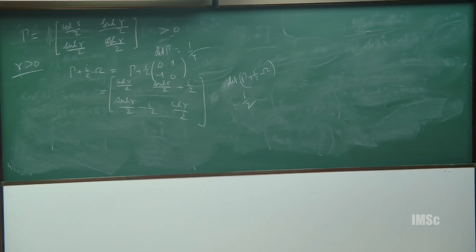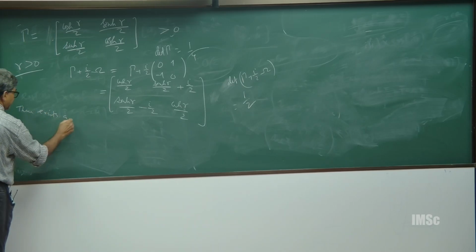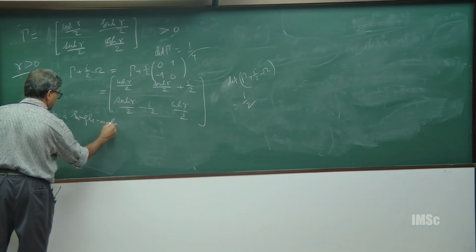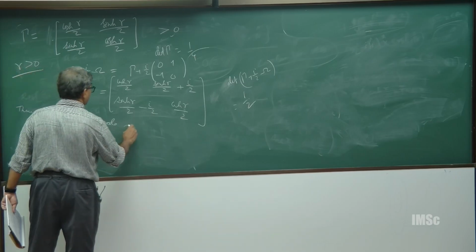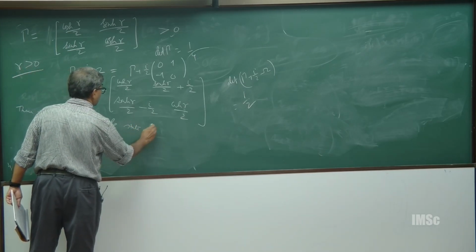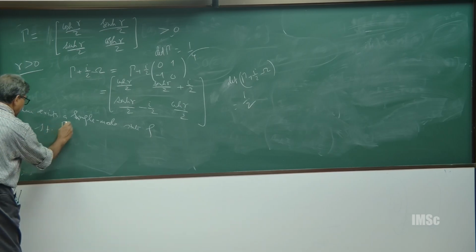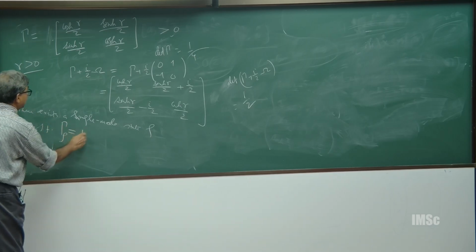So, therefore, you see that it satisfies the condition of the result that I mentioned, and as a result there exists a single mode state rho such that its covariance matrix is the same as gamma.